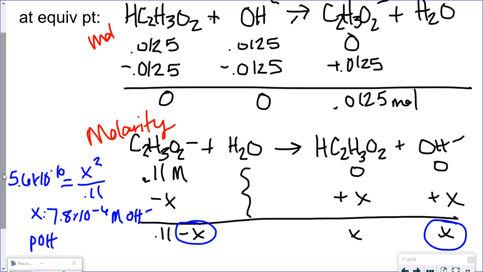Our pOH will be equal to 5.11, which means our pH will be equal to, once we subtract from 14, 8.89. So that will be the pH at the equivalence point. And remember, because it was a weak acid and a strong base, it should be greater than 7. This is the longest step in the entire process. Then we can continue on to what happens after the equivalence point.